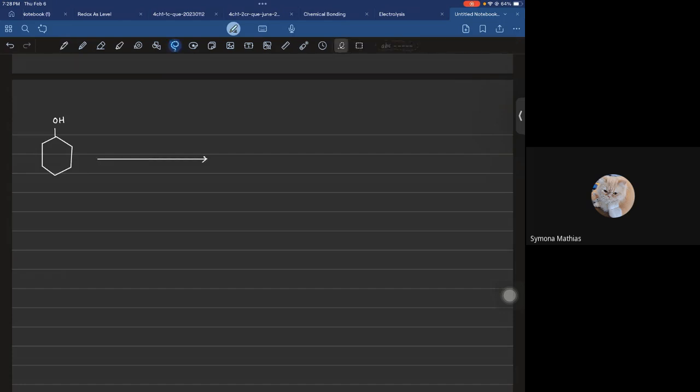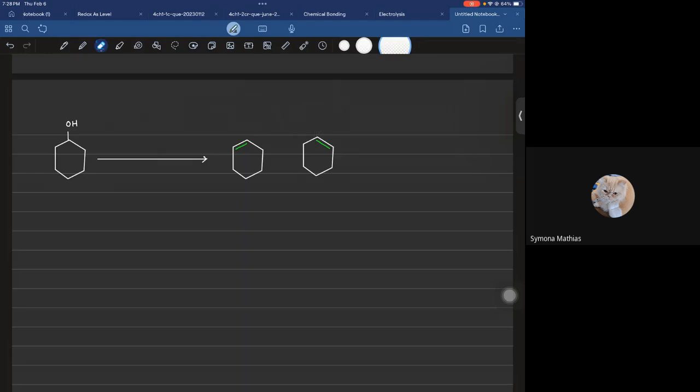We have two possibilities to prepare alkene if you are going to dehydrate this. One of the possible products is that I'm going to use double bond over here, and the other is double bond over here.